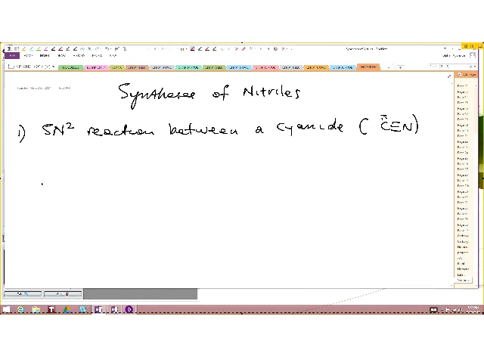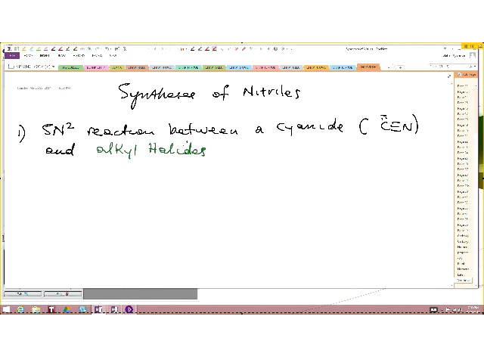Between the cyanide and a substrate, which I'll call an alkyl halide. The alkyl halide could be a bromide, chloride, or iodide.